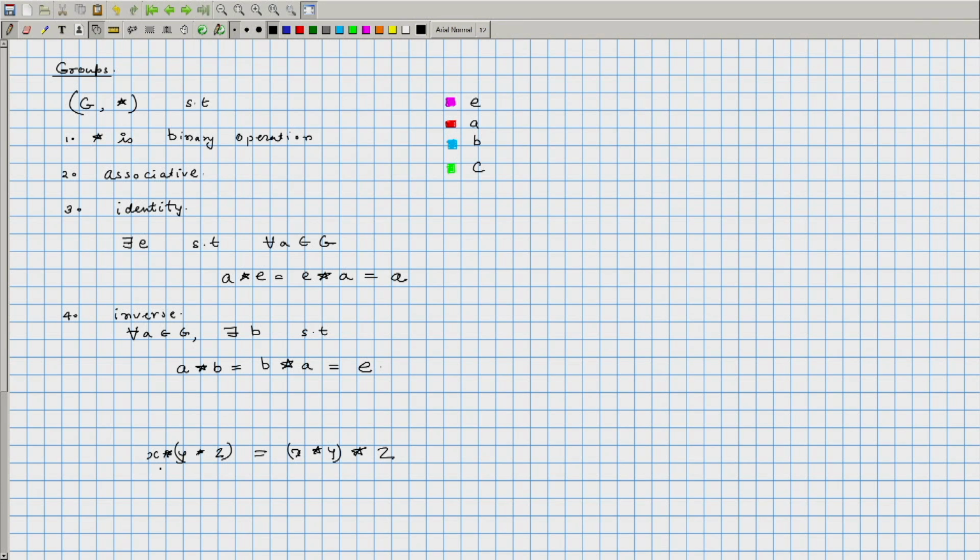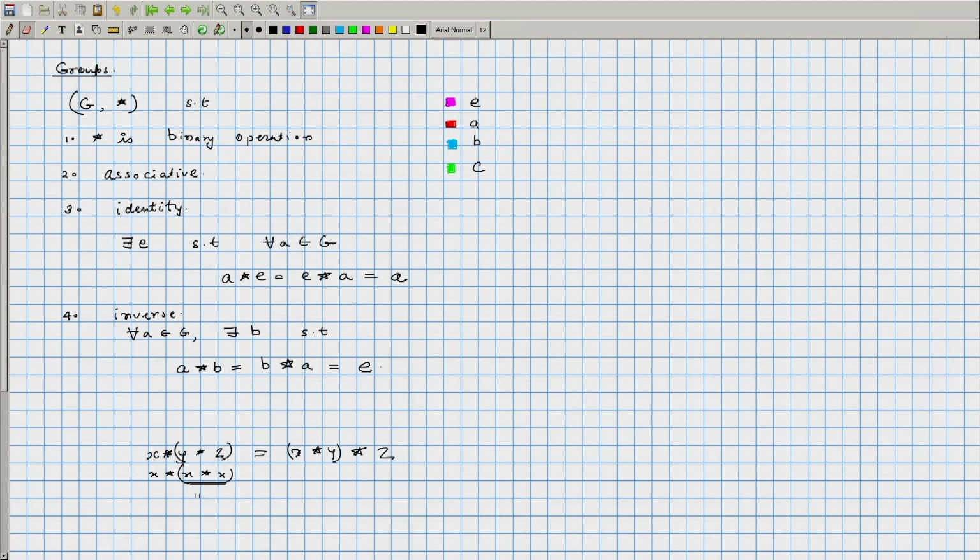x star x, okay, x star x is going to give you E, and x star E is going to be x, and the other side is also going to be the same thing. Okay. So, when all of them are the same, it does not matter.